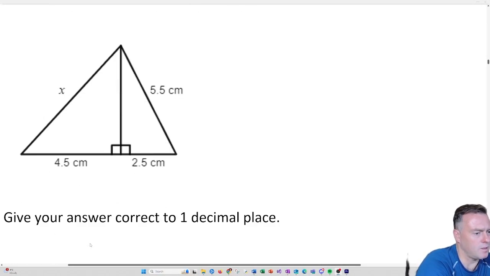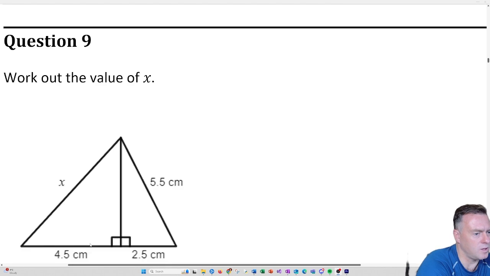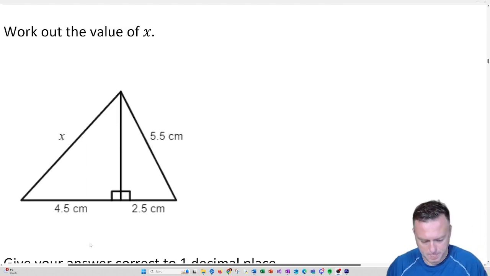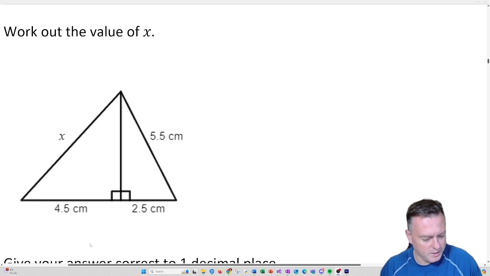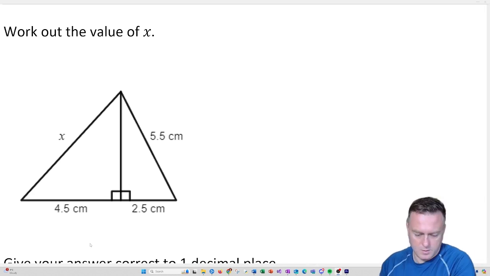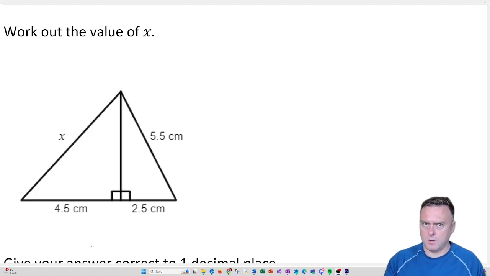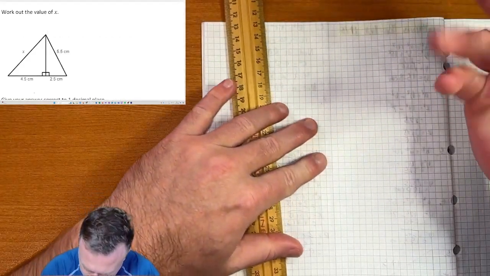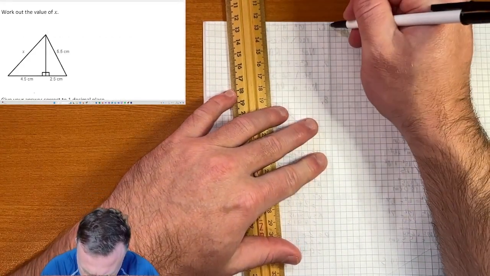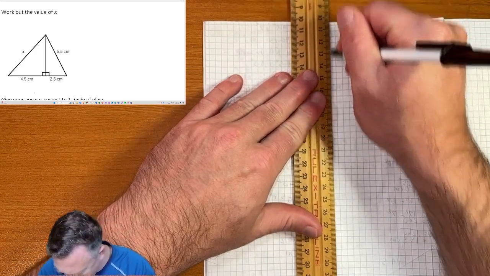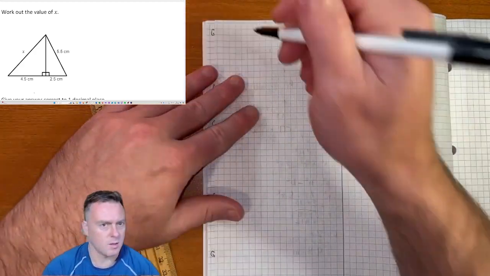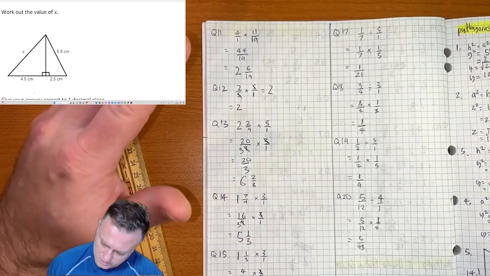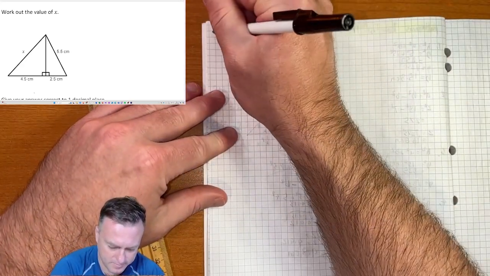Question 9, work out the value of x. I'll start on a new page. Here we go. Draw a line down there. And this was question 9.